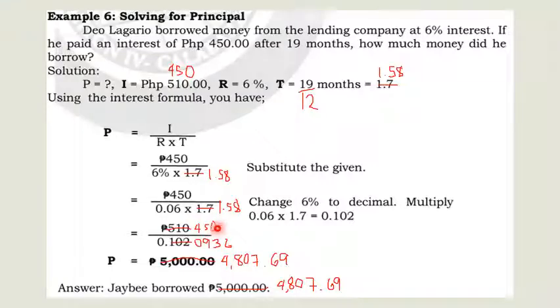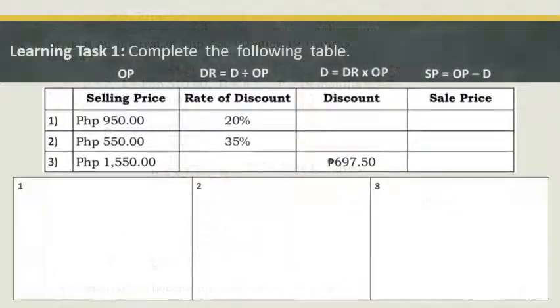Then, divide natin 450 divided by 0.0948. Sa makuha natin is 4,746 pesos and 83 centavos. So, ito po yung hiniram ni Deo Lagario na mayroong 6% interest.